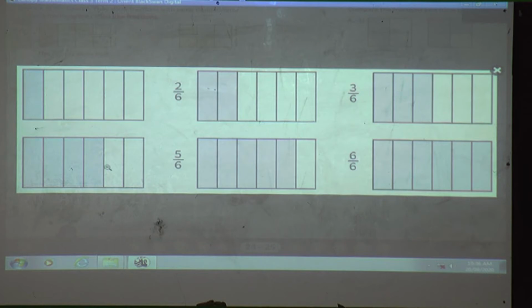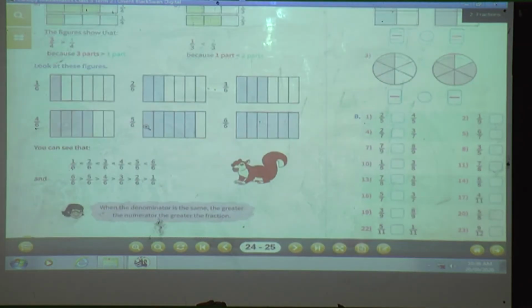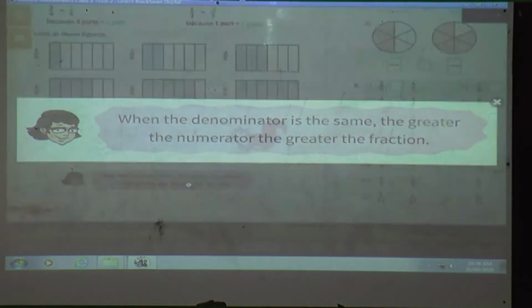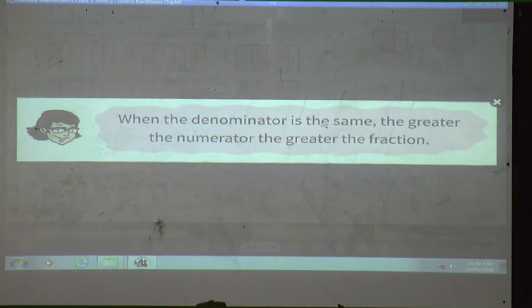Now in this fourth figure this whole is divided into 6 equal parts, and out of 6, 4 are shaded. So what is the fraction of this part? 4 by 6. Here 5 by 6 and this is 6 by 6. Now one thing I want to tell you: if the fraction is a like fraction, the greater the numerator, the greater the fraction.